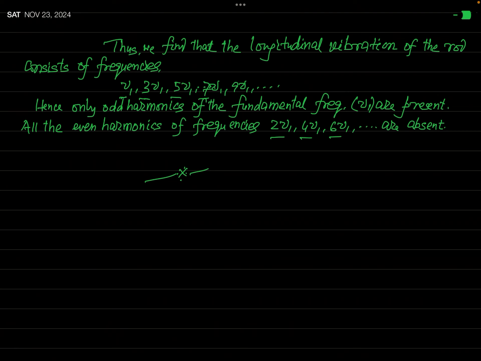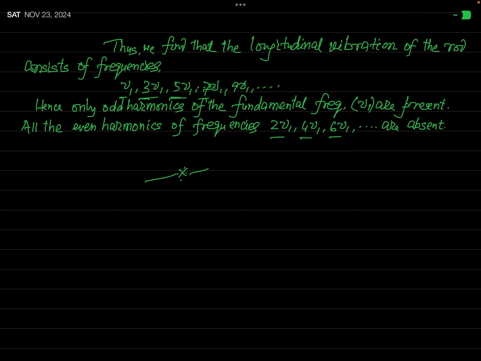This nu1 is the fundamental frequency. 3 nu1 is actually the third harmonic. 5 nu1, this is the fifth harmonic. But the second harmonic, fourth harmonic are absent. This is a very remarkable fact.